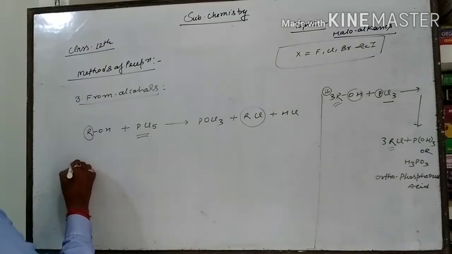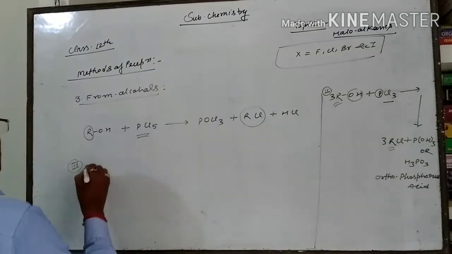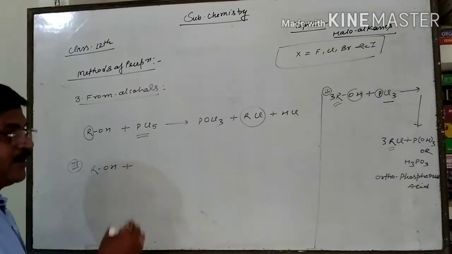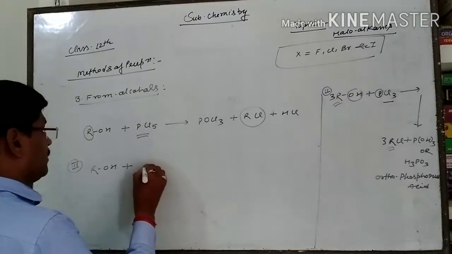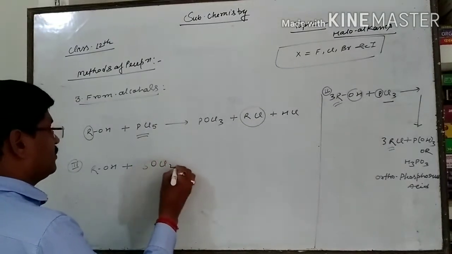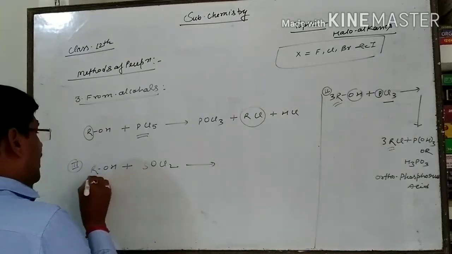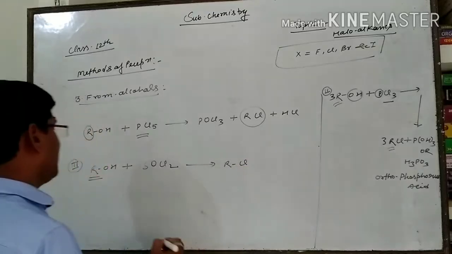The third condition of alcohol, suppose I have taken alcohol, I am going to react it with thionyl chloride, SOCl2. As you are seeing here, I have to prepare alkyl halide. It means firstly it will give RCl.